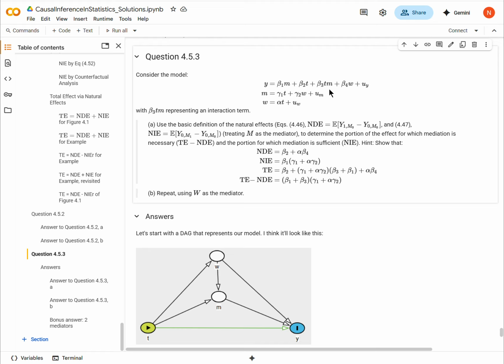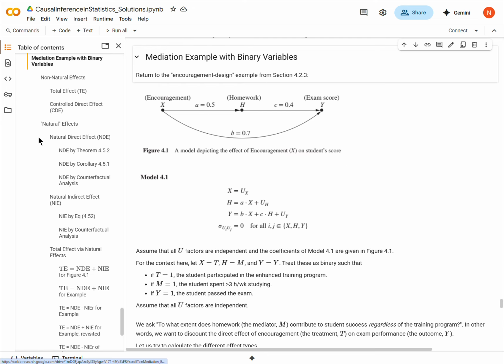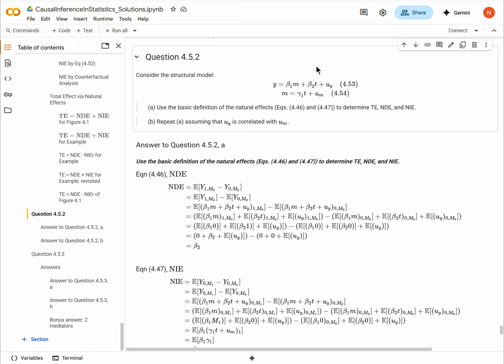And we are going to use the basic definitions of some of the natural effects, natural direct effect, natural indirect effect, etc., which we discussed earlier, way up here. So you can watch those videos if you'd like.